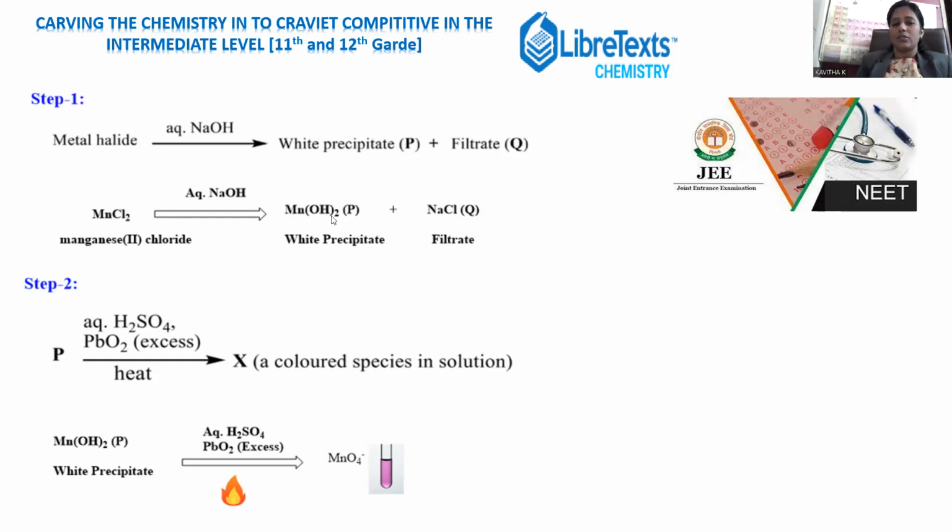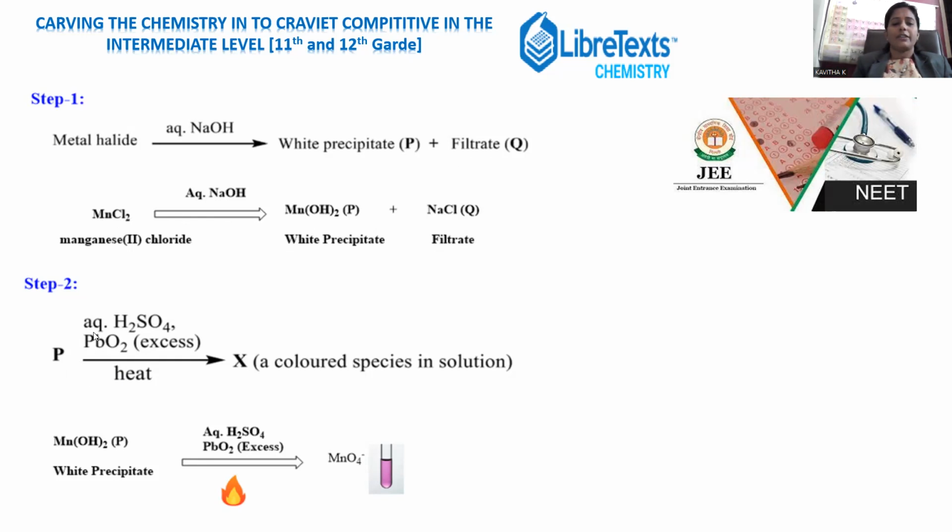Whenever manganese hydroxide is formed, the leftover will be chloride and sodium, so sodium chloride will be formed, which is an aqueous solution, so we can say it is the filtrate. Q will be the filtrate. The dissolved salt in the water is called filtrate. And P is nothing but the precipitate that we are taking here.